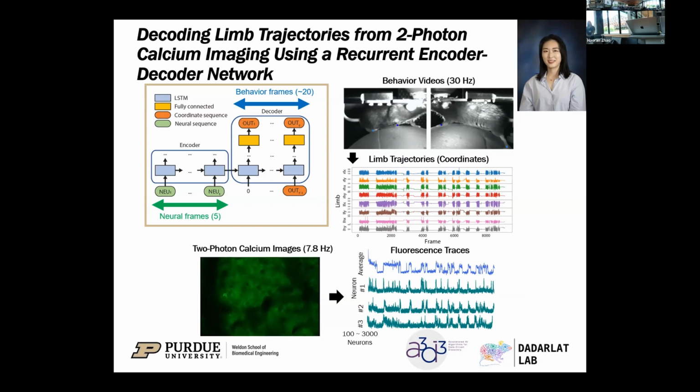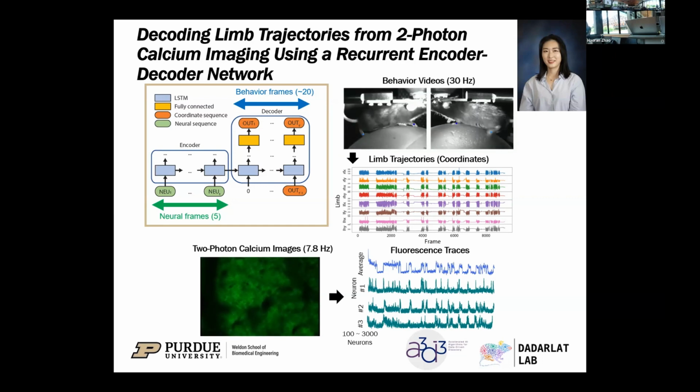So here we are trying to decode limb trajectories from two-photon calcium imaging using a recurrent encoder-decoder network. We are using a recurrent encoder-decoder network, which is a sequence-to-sequence model, because one of the main problems in this case is that the frequency of the two-photon calcium imaging is much lower than the frequency of the behavior, which is 7.8 hertz and 30 hertz.